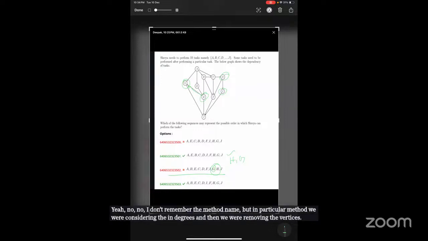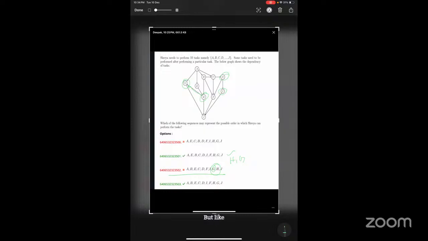But topological ordering means you can take a sequence such that the previous vertex should not depend on the later vertex. So if we look like this, D is not dependent on H and I is not dependent on H, so these two options are correct.